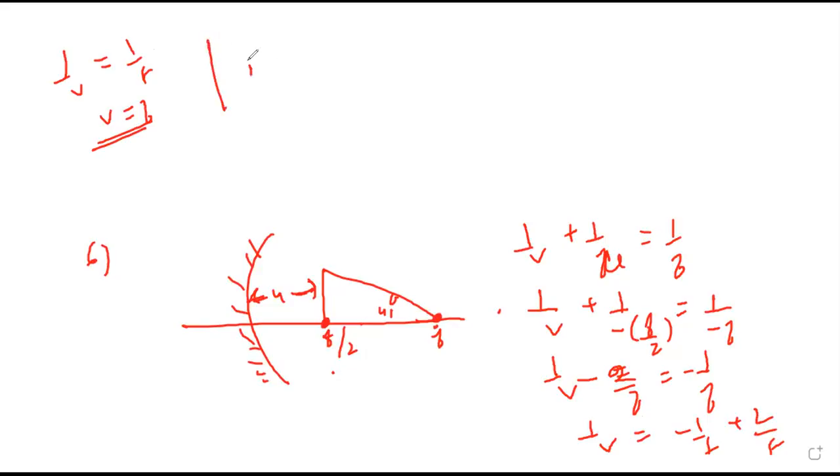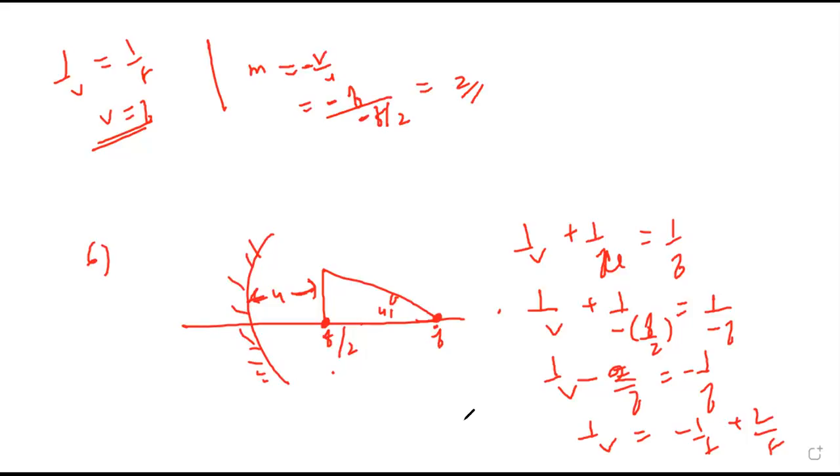And height of image, linear magnification is minus v upon u. That is minus of f upon minus f by 2. So it is nothing but 2. That means it is magnified image of this object at distance of v we are getting.